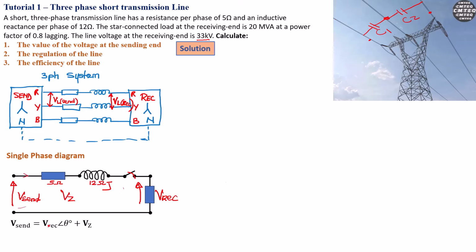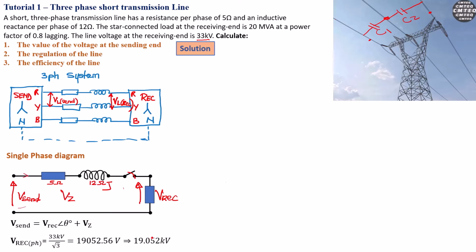But what is the voltage at the receiving end per phase? It's basically this voltage divided by the square root of 3. It's as simple as that. So we find a value of 19.05 kilovolt per phase. Basically, each one of these phases is carrying a voltage potential of 19.052 kilovolt.